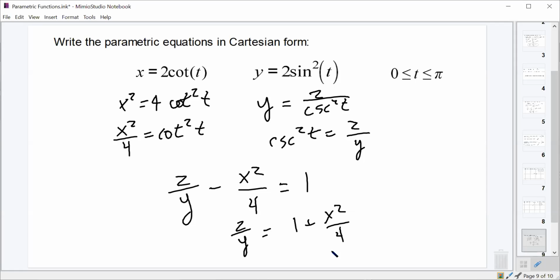And we can make that 4 over 4 and take the reciprocal of both sides, which gives us y equal to what? What does that give us? Should be 8 over 4 plus x squared.